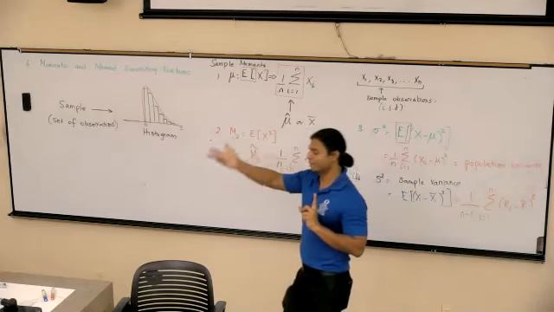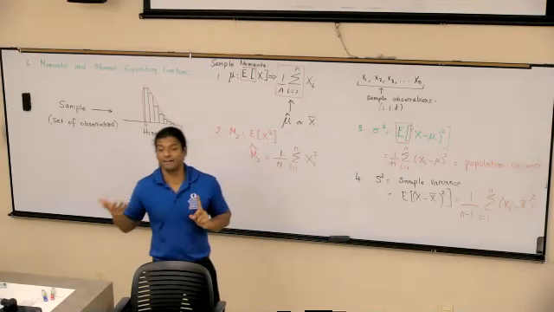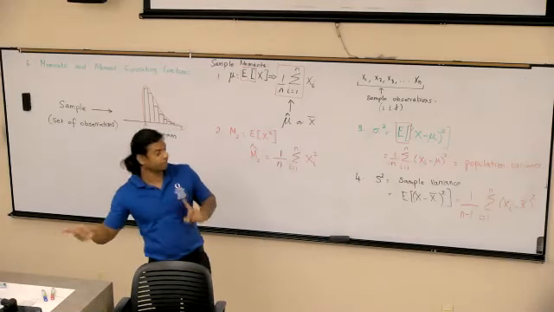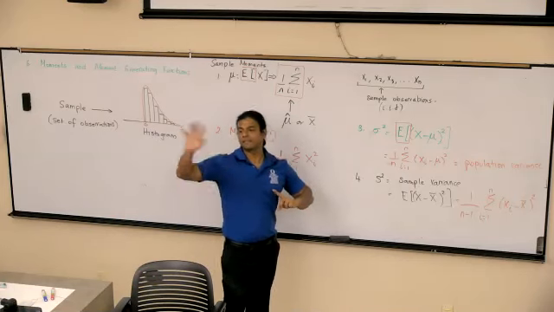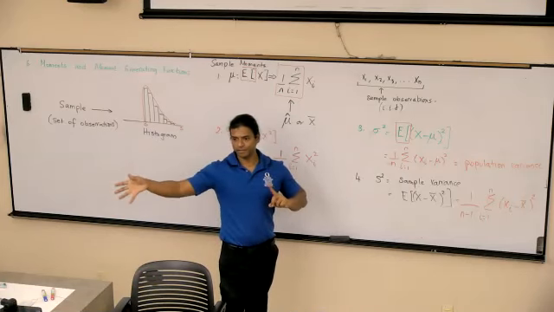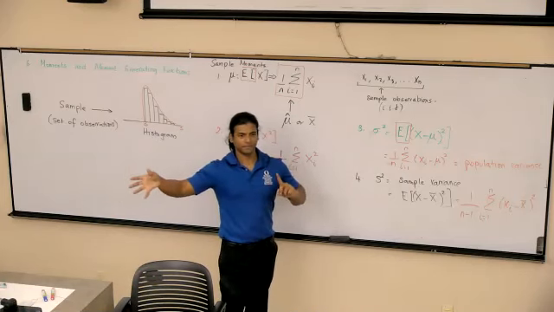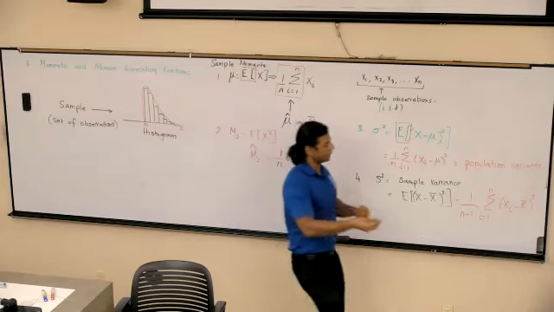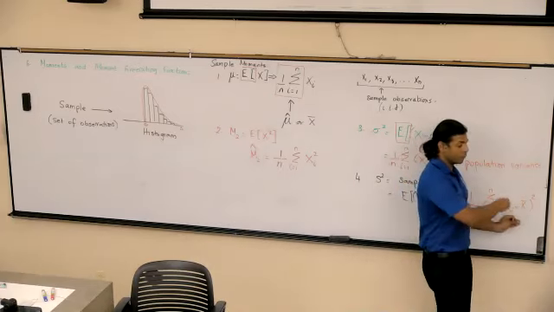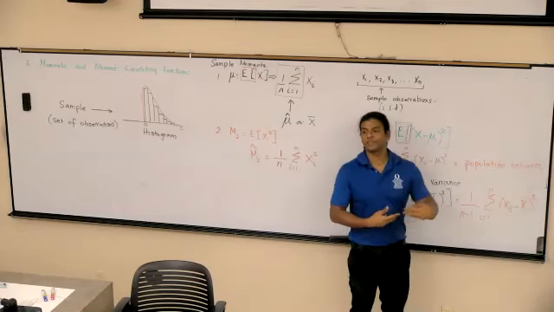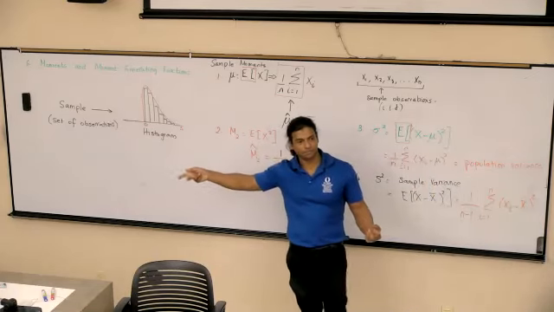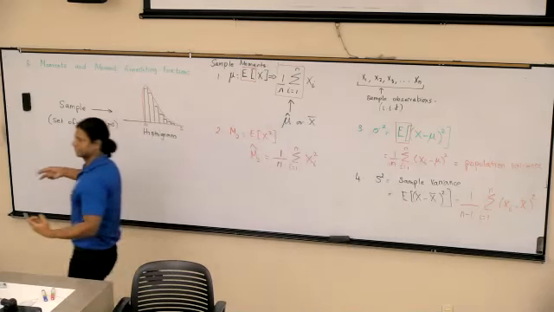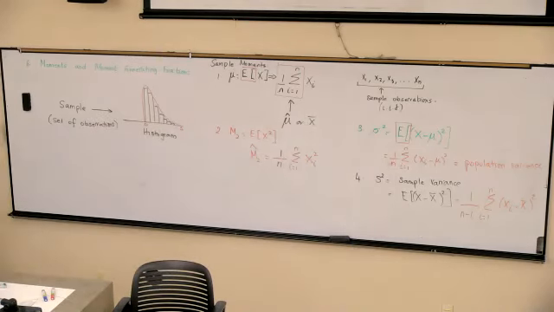So how many bits of information do I have left? n minus 1 to estimate the value of S squared. Hence, n minus 1 degrees of freedom. Does that make sense? So if I use, say, x bar and one more quantity from the sample, then it would become n minus 2. Good. Okay. Any questions?